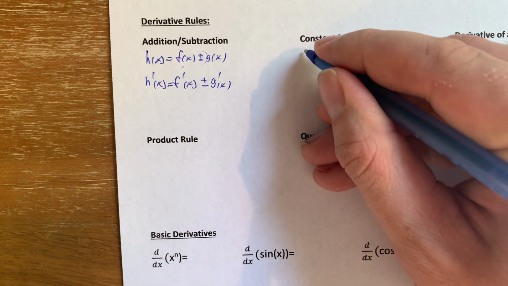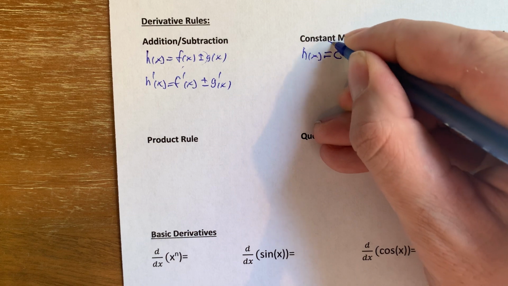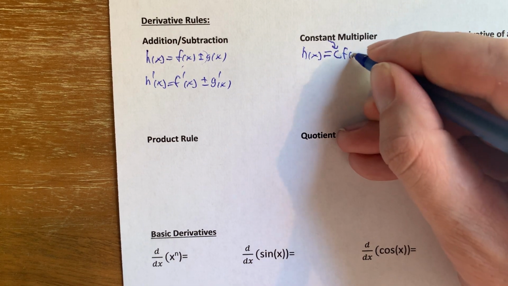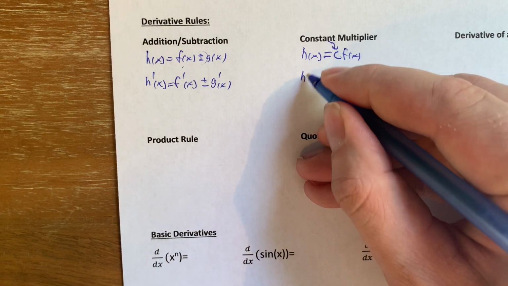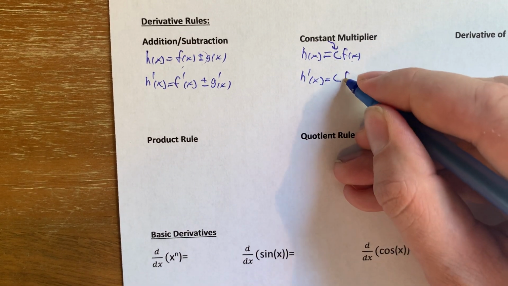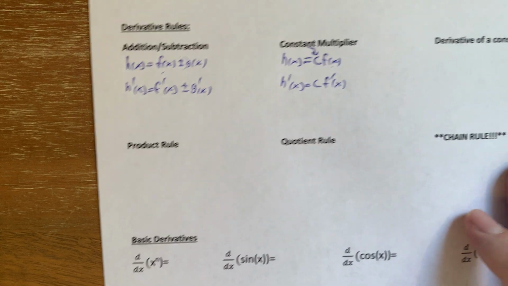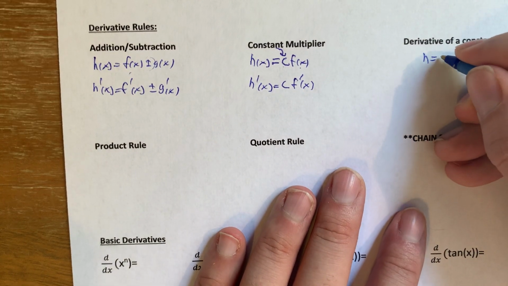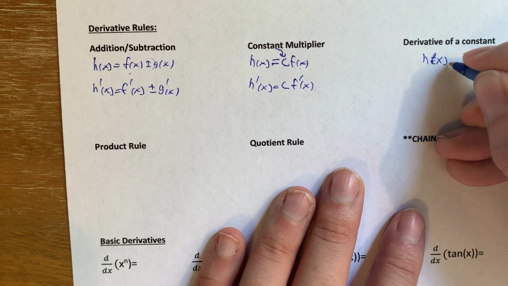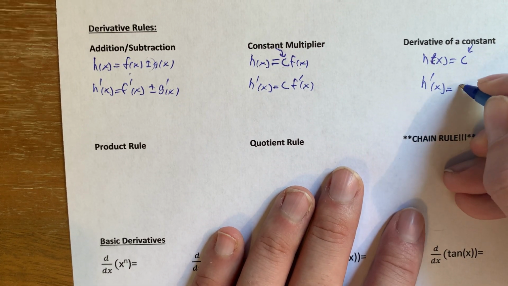What if we have h of x equals c, which is a constant, times a function we know how to do the derivative of? Well, that derivative is, we leave the constant multiplier alone and do the derivative of the function. How about the derivative of a constant? What if we have h of x is equal to some constant? What's the derivative? The derivative is 0.